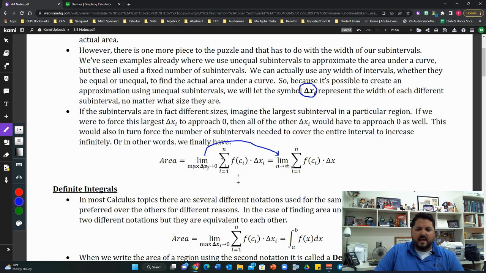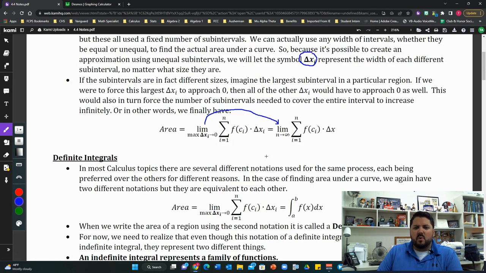Here you see that delta x sub i is also different. Again, we're accounting for possibilities where it's different. But as soon as we take this maximum and force it to 0, we can revert back to our original notation. This is just us at the beginning saying, okay, I'm going to account for every possible scenario. But as far as our math goes, it's really going to operate the same way.